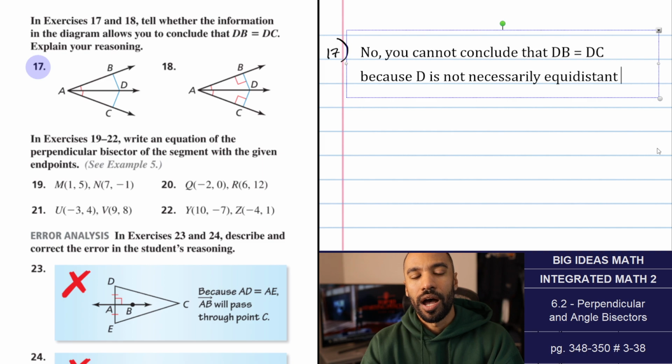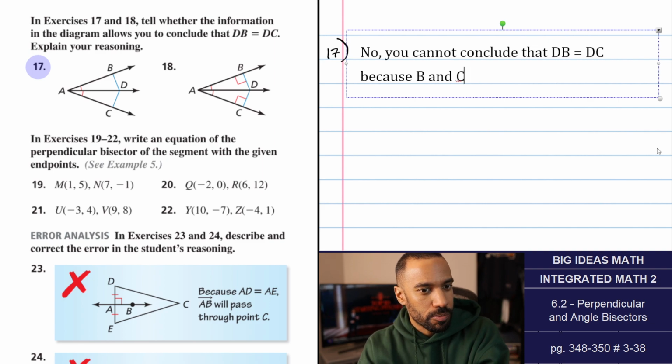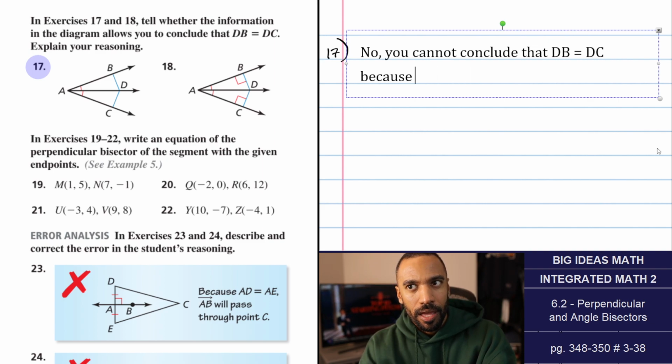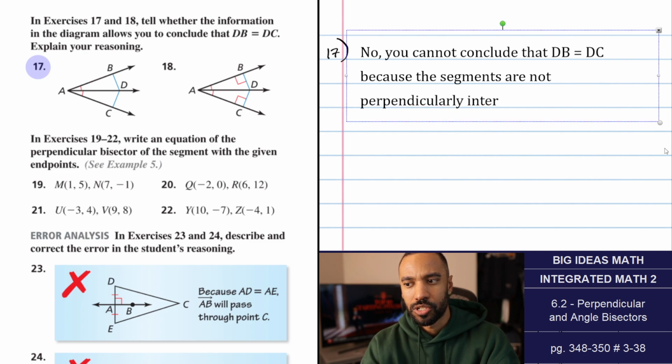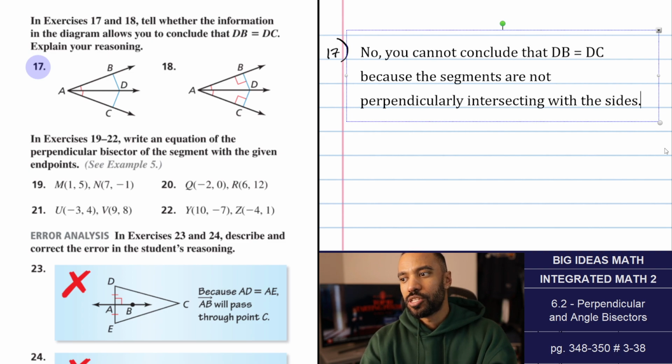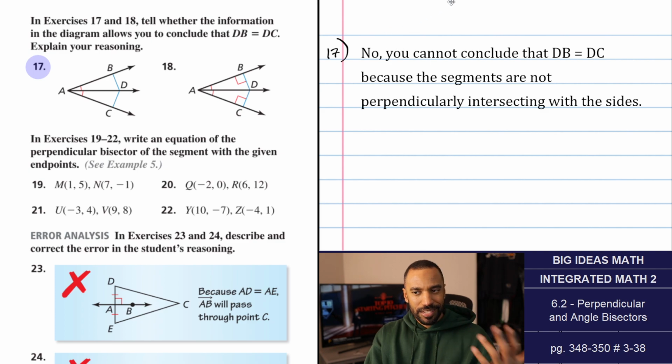Excuse me, the segments, because B and C, shoot, how do I want to say? I just mentioned, because the perpendicular signs aren't there. I don't know if those are called segments. The segments are not perpendicularly intersecting with the sides. Basically noting that those are the shortest distances that we're talking about, right? So it's just not enough information.